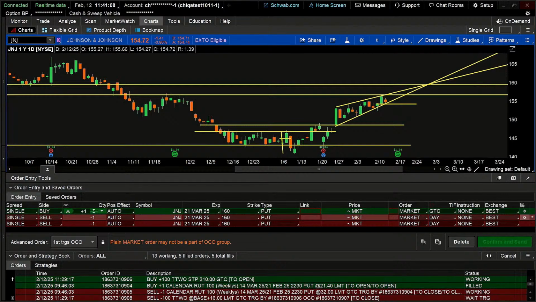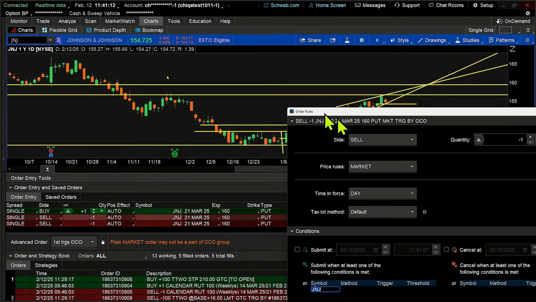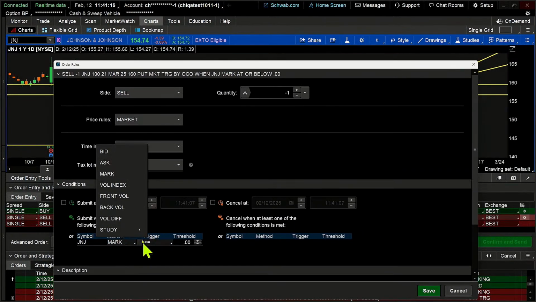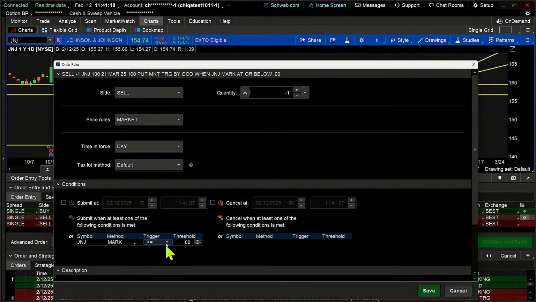So we're going to close this down with a market order if the price of this stock moves down to, we're going to buy it back, or I'm sorry, sell it back if this marks at or below 148. And we'll make that 148.